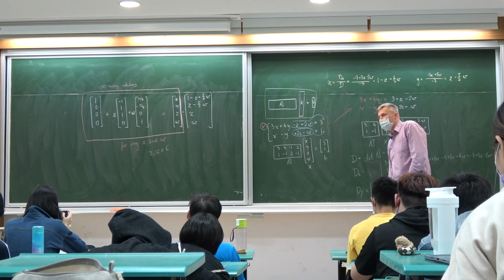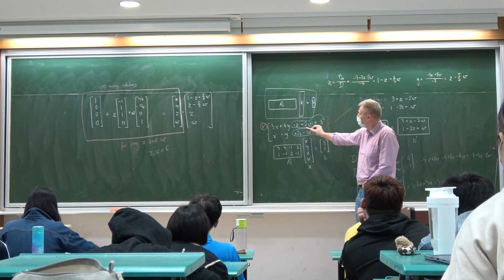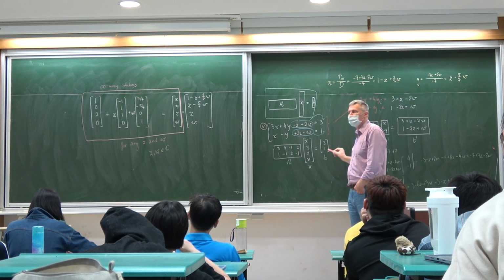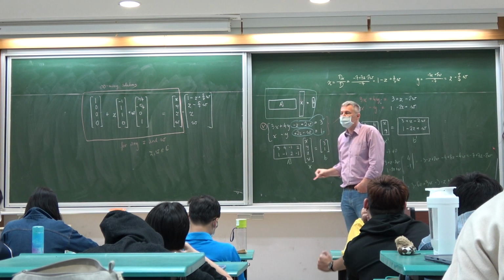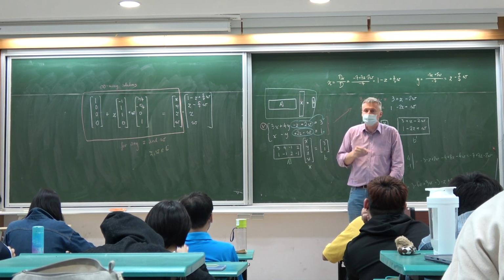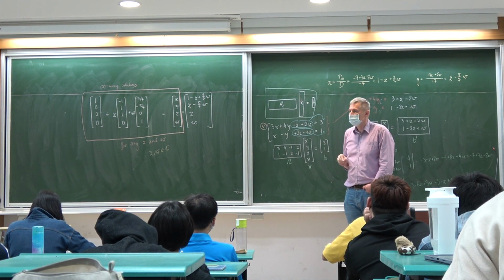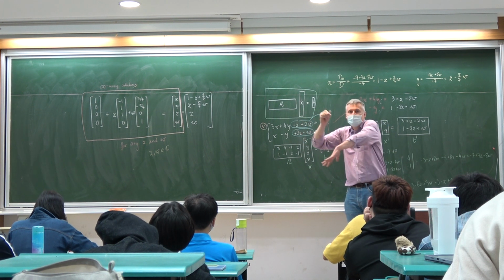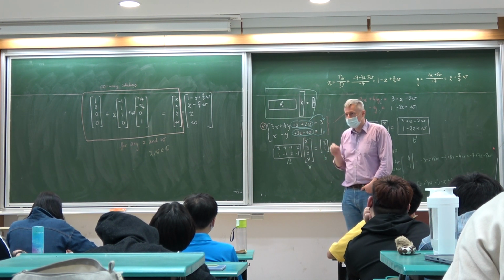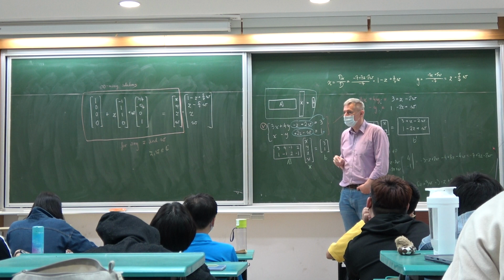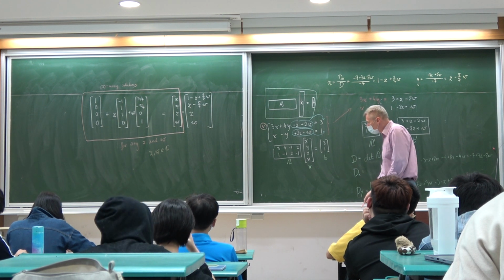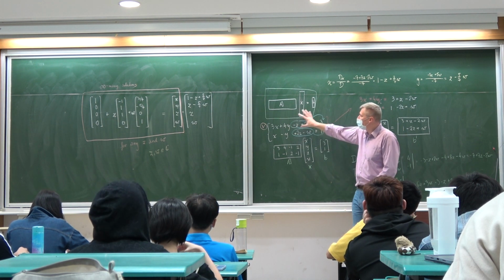Now, you should ask me a question. Why do I take z and w to the other side? Why not x and y? And my point is, no difference. You would get slightly different looking solution, but exactly the same, equivalent. It doesn't matter what you put on the other side.